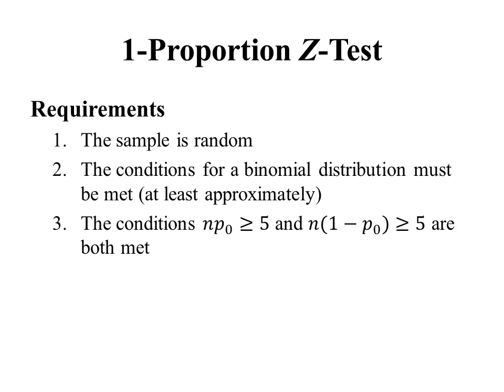All those conditions seem reasonable. And then the third is that the conditions n p naught greater than 5 and n times 1 minus p naught greater than 5 are both met. We need those to be met so that our sample proportion has an approximately normal distribution. This was one of the requirements from that theorem 4.1.